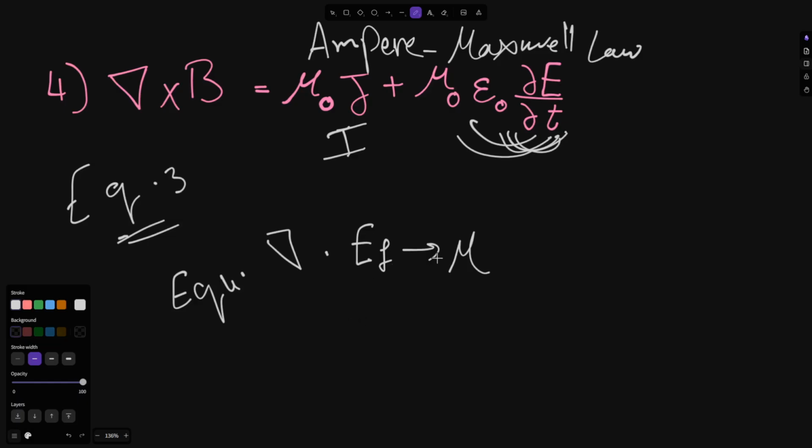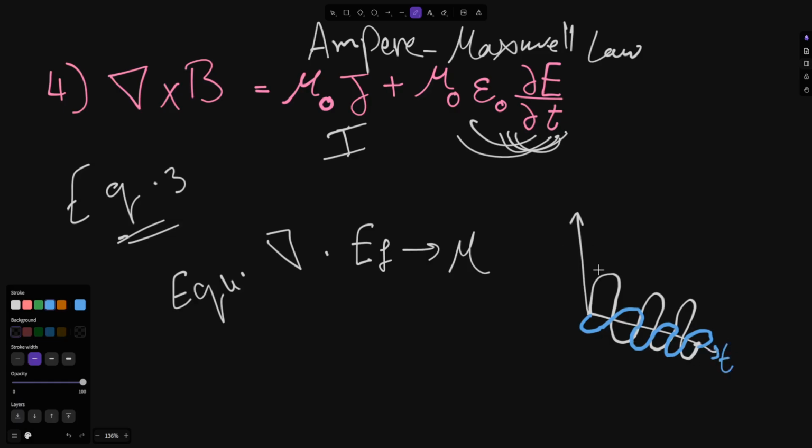They feed each other. An electric wave creates a magnetic wave parallel to it, in the same time domain.